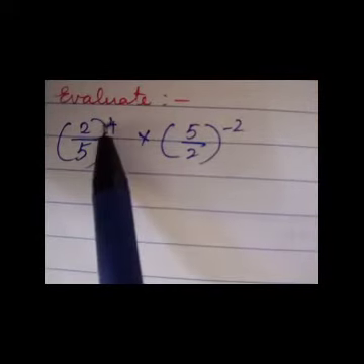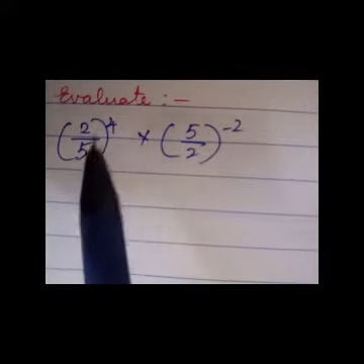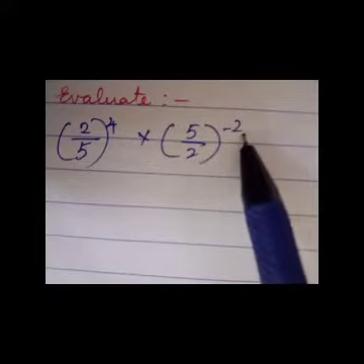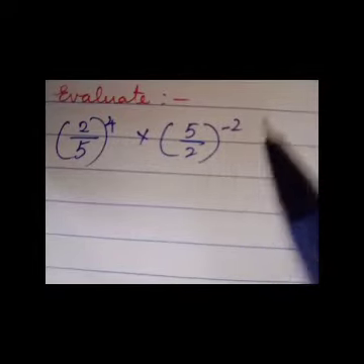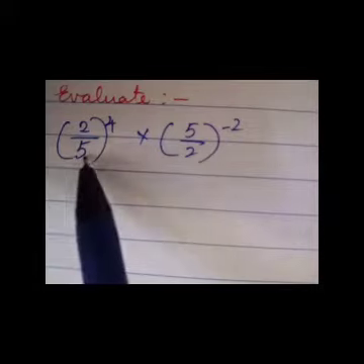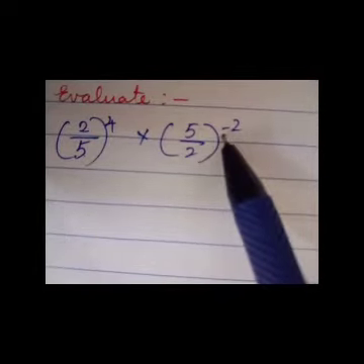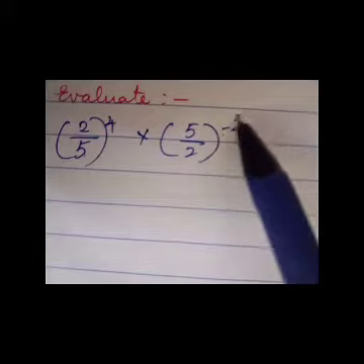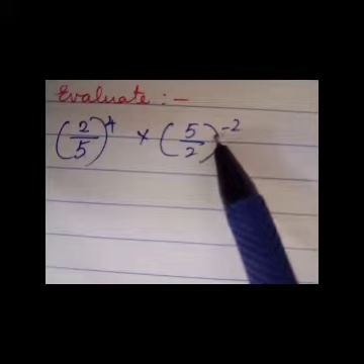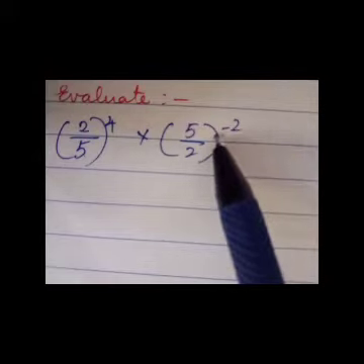Now the next question is evaluate 2 by 5 the whole power 4 into 5 by 2 the whole power minus 2. See here 2 by 5 is there, here 5 by 2. Your question has the power minus 2, that is, the power has a negative sign. If it is negative, what will you have to do?